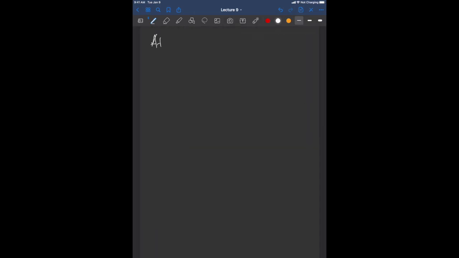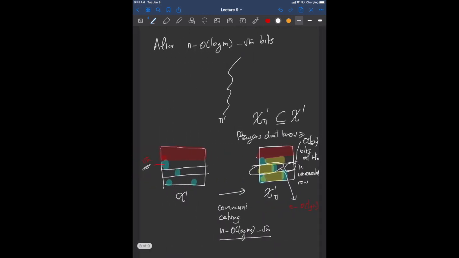At the end of the second stage, basically remember that this is where we went from x dash pi to this x dash pi dash, right? Sorry, this is pi dash. So this pi was the first stage transcript.